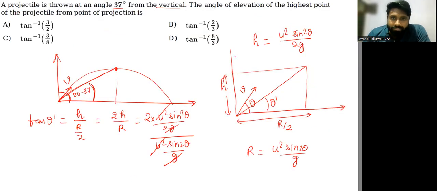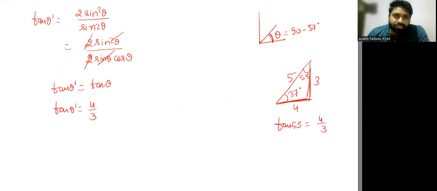Now, in this situation, if we deal with it, you have missed this. It is given as R by 2 and this is u square sine square theta by 2g. So this 2 will be cancelled out by this 2. This 2 will cancel out this 2. So there is no 2 remaining on this side. Only this 2 will remain for 2 sine theta cos theta. So it will become tan theta by 2. Okay.